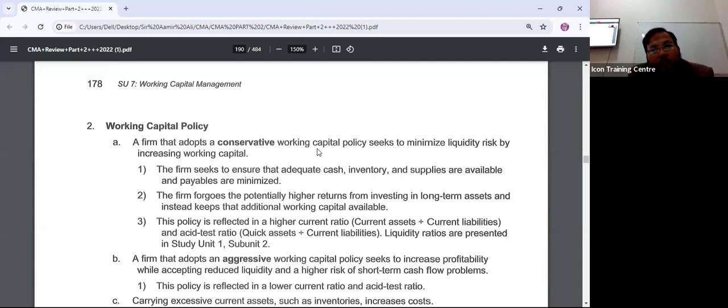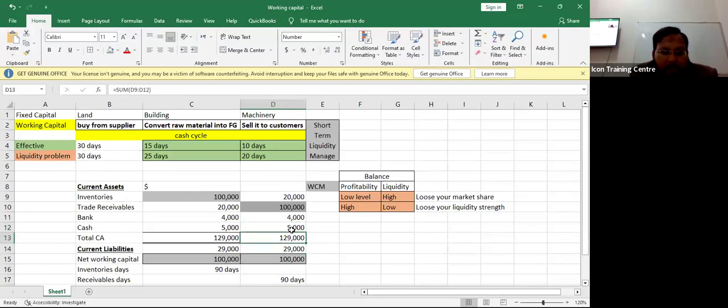But at the same time, what should be the ideal situation? Just have a look here at the Excel. What should be the ideal situation? Because in this situation, you are compiling your inventories. Here you are compiling your trade receivables.